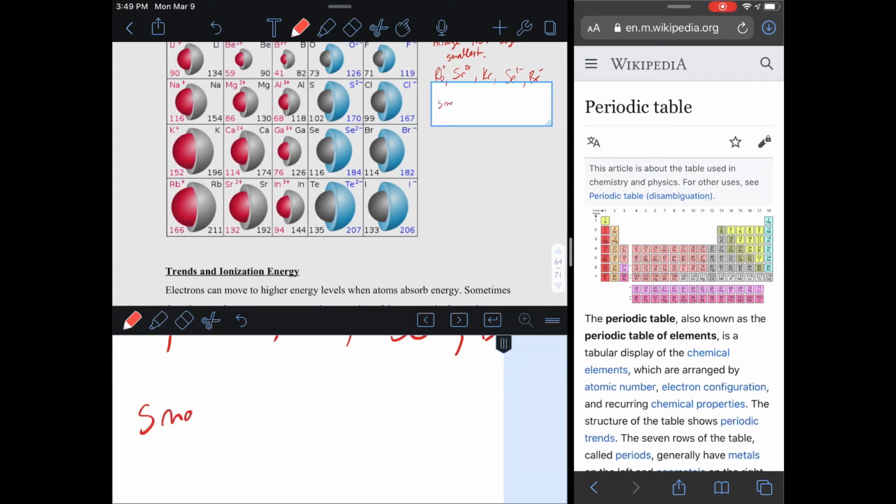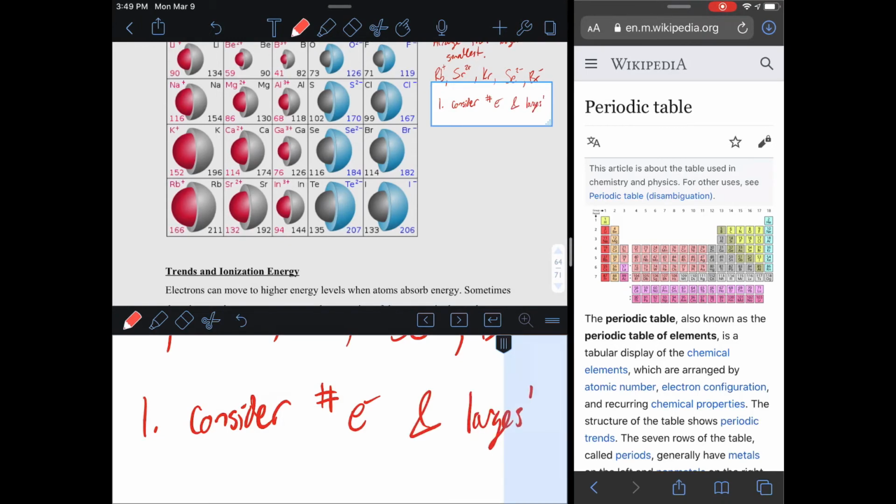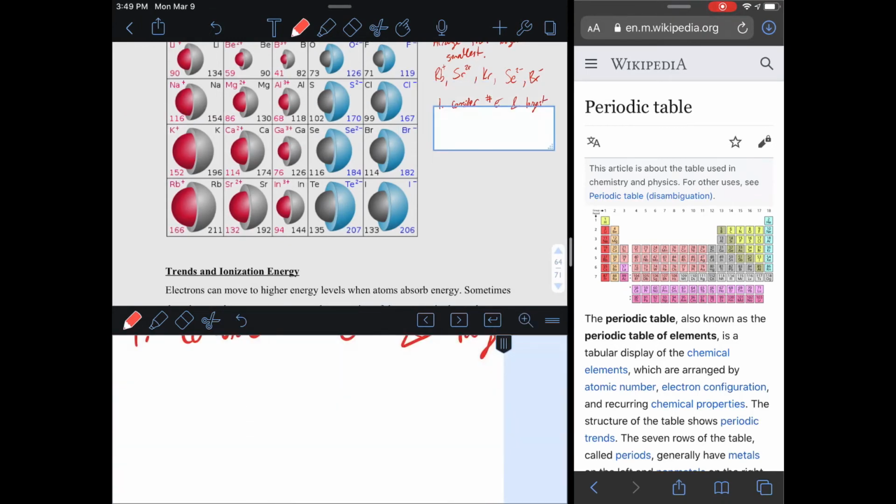We would be looking for the most positive, smallest. We would first look for shells. So step one, consider number of electrons, and largest n.